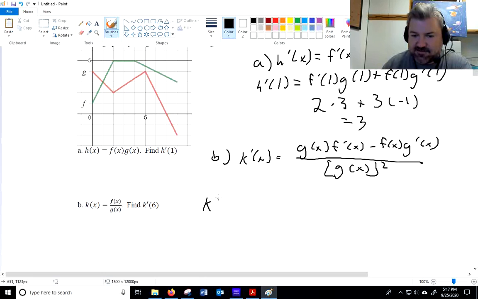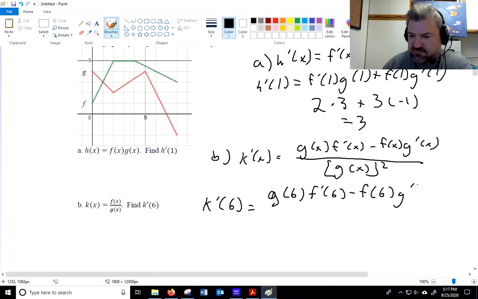And I'm going to be careful. I'm not going to try and write it out and evaluate it at the same time because I find these a little difficult with the graph. So I'm just going through and replacing all the x's with 6's. All over g of 6 squared.